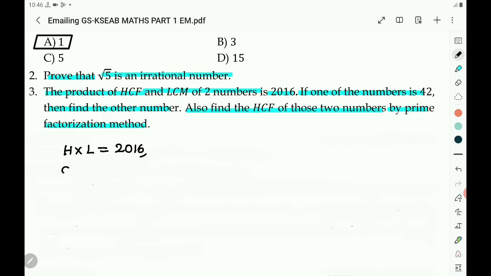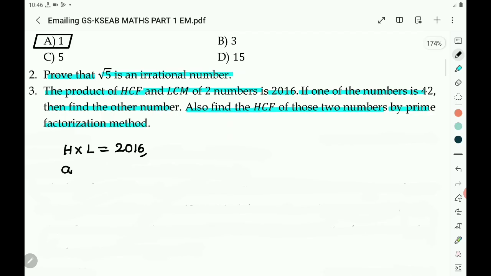Let us consider A and B are the two numbers. The number A equals 42. What we have to find out? The other number b is to be found. Write b equals question mark. The product of HCF and LCM is given and one of the numbers is given.